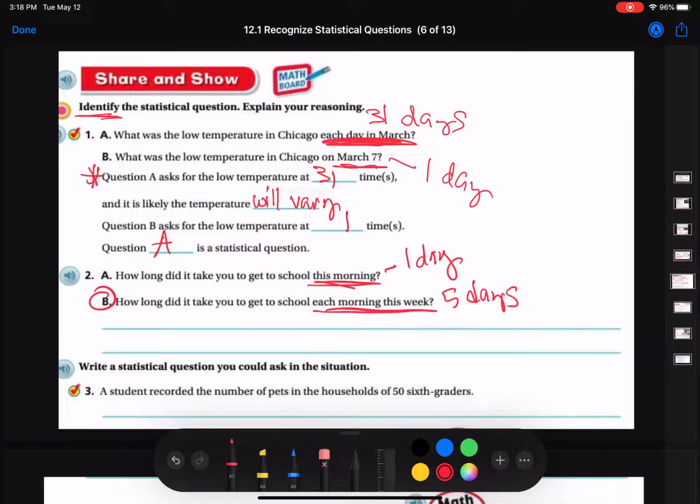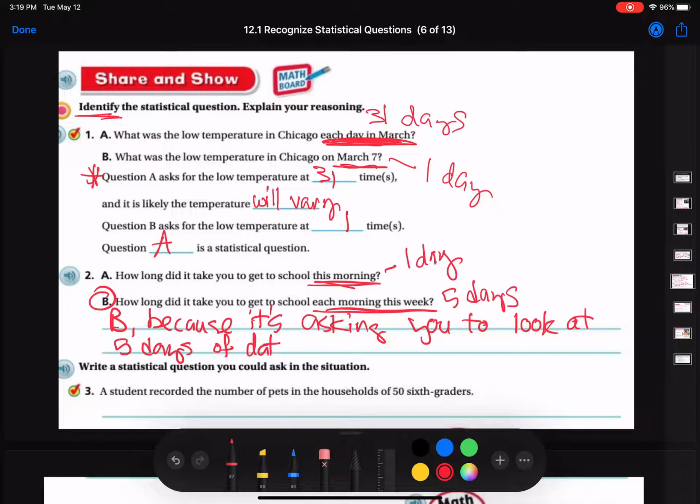So how long did it take you to get to school each morning this week? So B, and then you would say because it's asking you to look at 5 days of data that will likely vary.